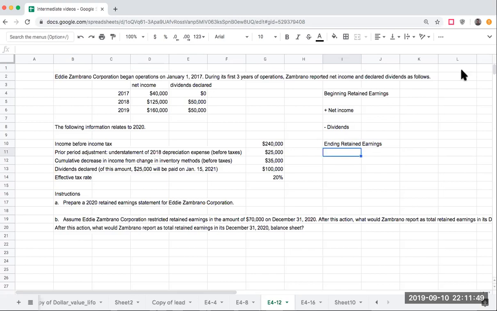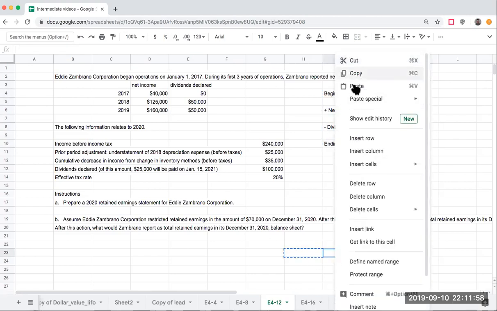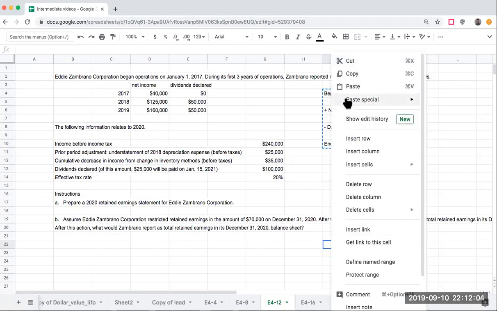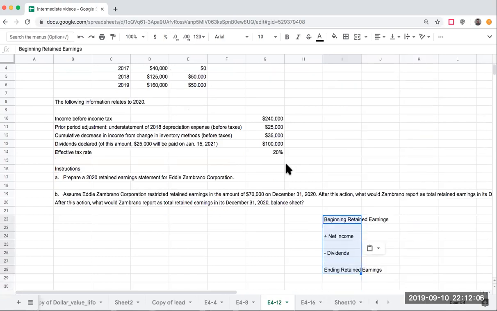Now, going back to financial accounting, when we were doing this, more than likely we weren't as concerned with the income tax effects. However, when we're looking at net income now, especially in intermediate accounting, we have our revenues minus our expenses.